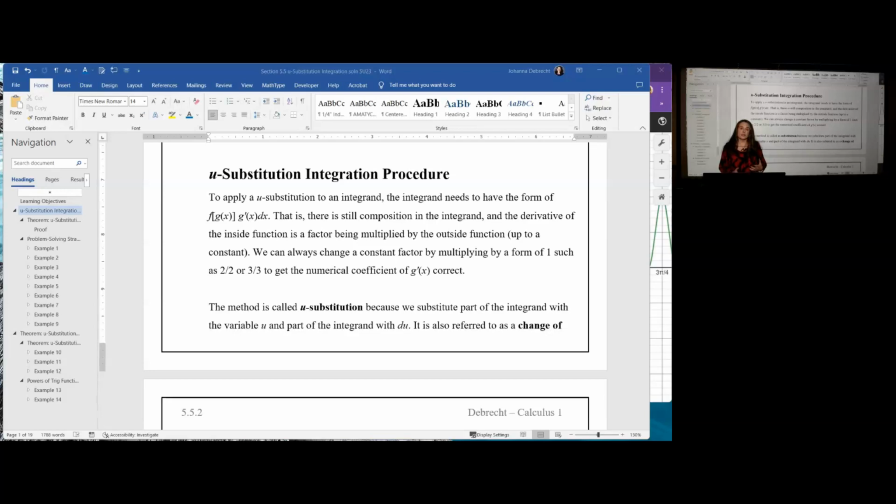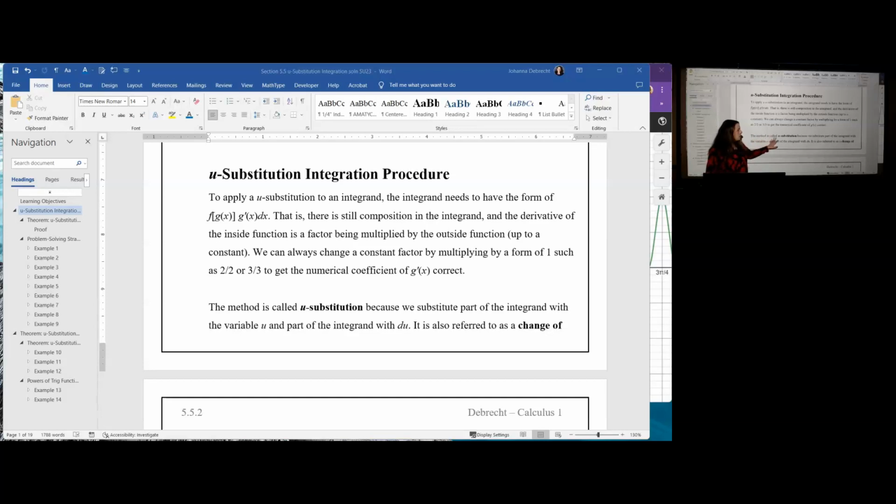In other words, if g turns out to be something like x cubed, so that I have 3x squared as the derivative, I can still integrate using u-substitution as long as I have x squared as a factor inside the integrand. I don't necessarily need the 3. I can deal with the constant. So what we're looking for, again, is composition in the integrand.